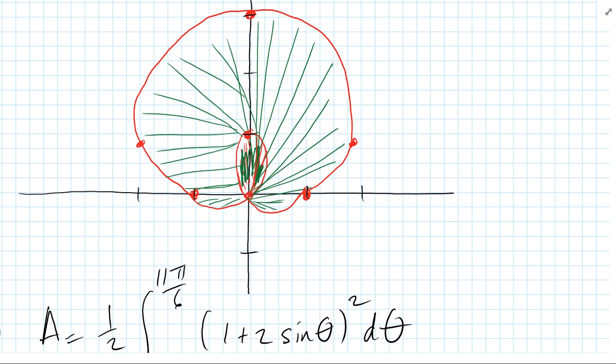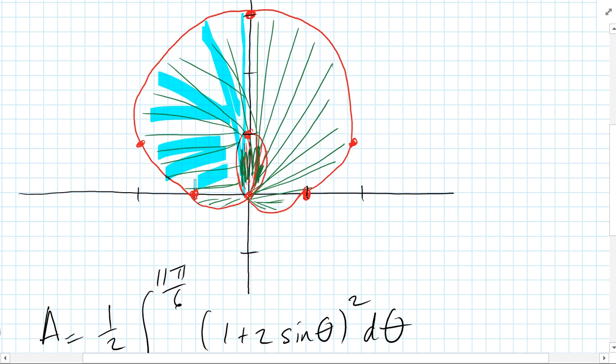If I go from pi over 2 all the way to 7 pi over 6, have I got all of that half of it, including the loop? And then do I just have to subtract out a half of the loop? Right? Is that simple? I can go from pi over 2 to 7 pi over 6, and then from 7 pi over 6 I can subtract out this half of the loop.